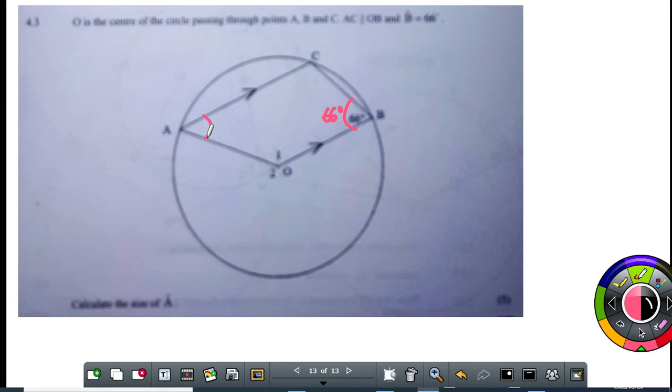Now, I don't know how you might have approached the question. I'm just going to calculate the size of that angle, that is O1. Then I'll use co-interior angles.